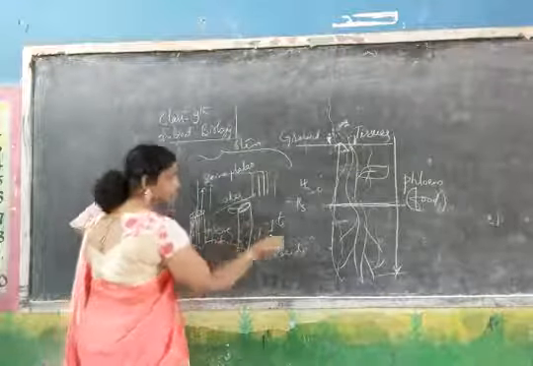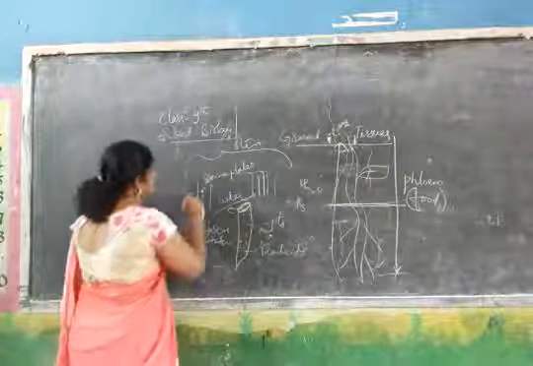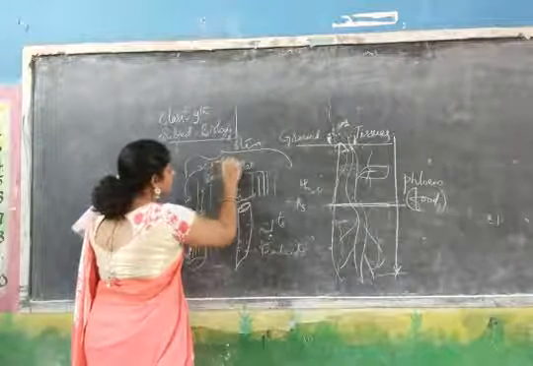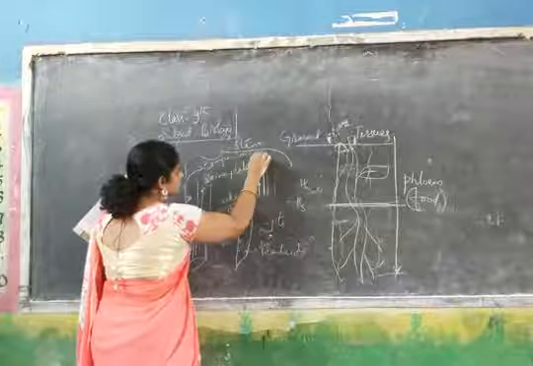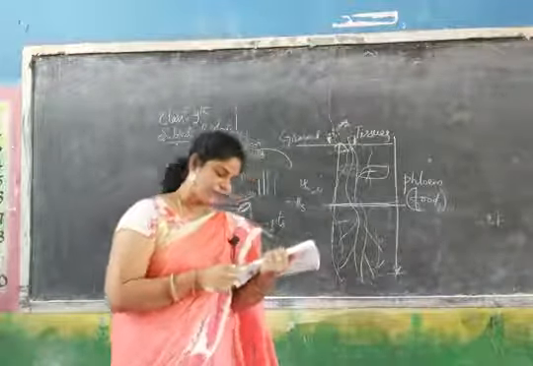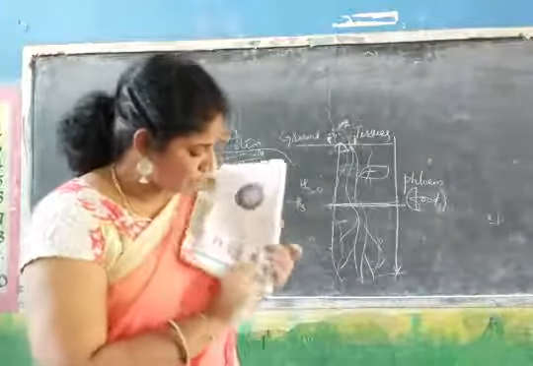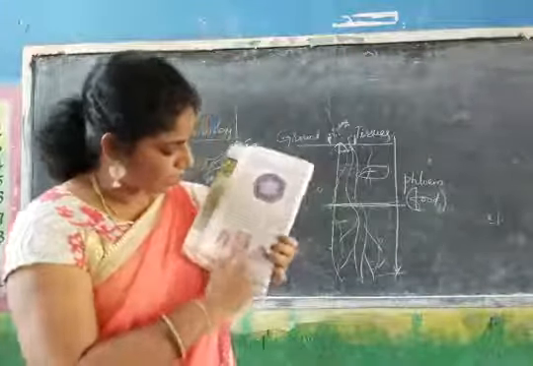Beside the phloem cells I have drawn before in the first diagram, those cells are called companion cells. So cytoplasm is present, primary wall is present. Look over the textbook, primary wall is present. So xylem and phloem are compulsorily arranged.